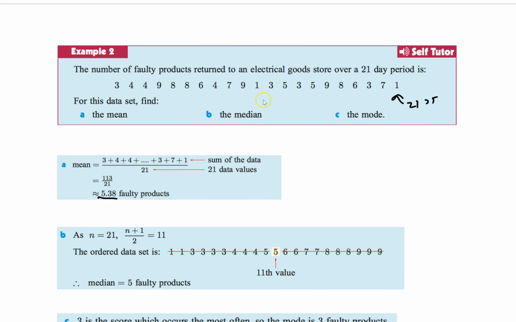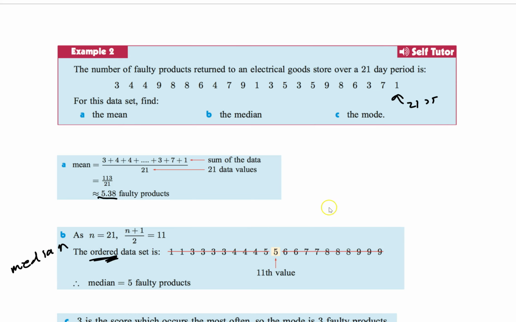If you want to find the median, the median is the middle one. Now that's a little trickier. You got to put them in order. That's very important with the median. You can't just count and say, oh, it's 9. You got to put them in order from lowest to greatest, and they did it here, and you get the 11th term, or 5.